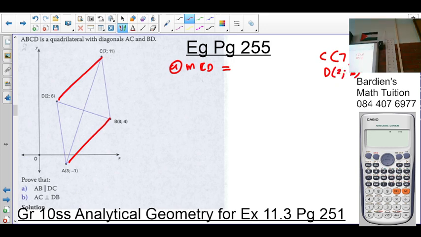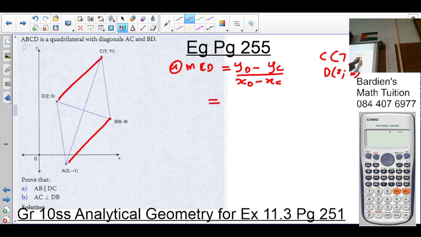How do I work out my gradient? It's YD minus YC over XD minus XC. If you had written YC minus YD, it will be over XC minus XD. You guys understand?